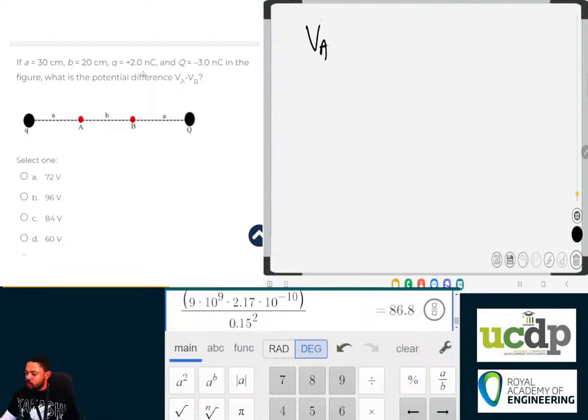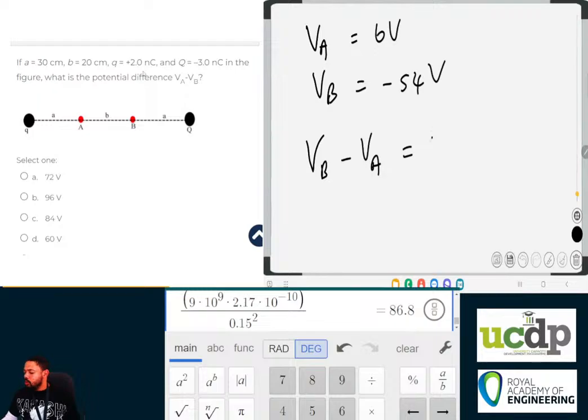So now we have the two potentials, okay? The voltage at A due to the charges is 6 volts. The voltage at B due to the charges is negative 54 volts. Now VB minus VA is equal to, oh, it's VA minus VB, sorry, it's the other way around.